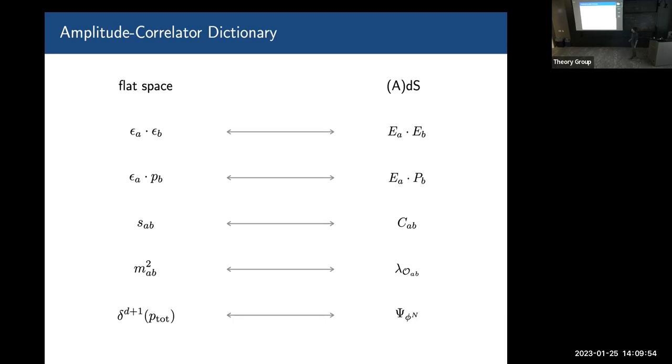On the left-hand side, we have these basic building blocks for scattering amplitudes, which are functions of the polarization vectors epsilon, momentum vectors, and Mandelstam variables. Now what you want to do is swap these with the corresponding weight-shifting operators. The epsilons become E's, the momenta become these P operators. The Mandelstam variables, as we saw, become Casimir operators, and the masses become the Casimir eigenvalues. And lastly, the momentum-conserving delta function becomes the scalar seed function that the operator is supposed to act on.